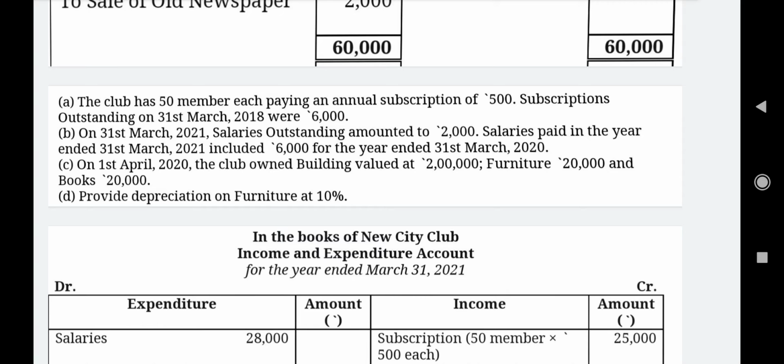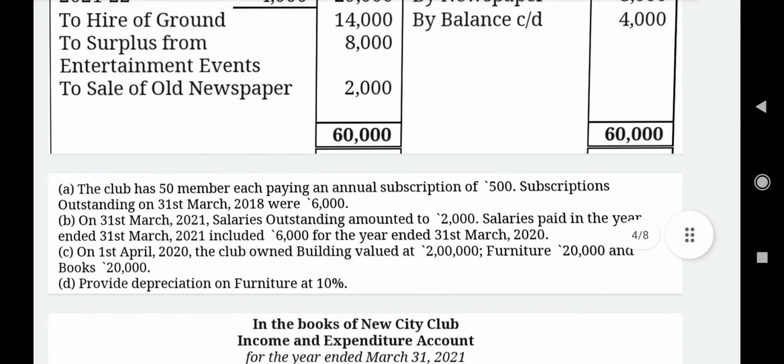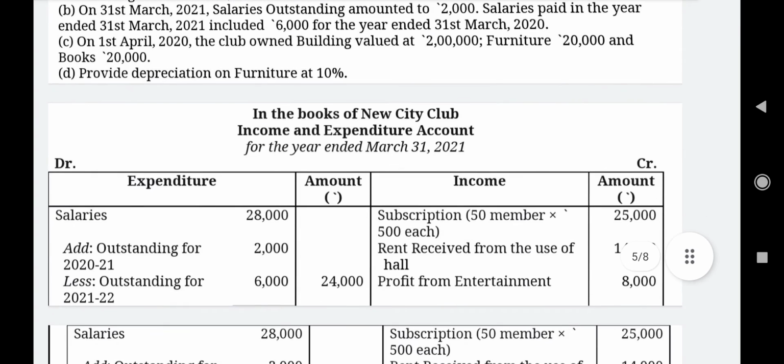Salaries paid in the year ended 31st March 2021 included 6,000 for the year ended 31st March 2020. On 1st April 2020, the club owned a building valued at 2 lakh, furniture 20,000 and books 20,000. Provide depreciation on furniture at 10%. Now see the income and expenditure account first.